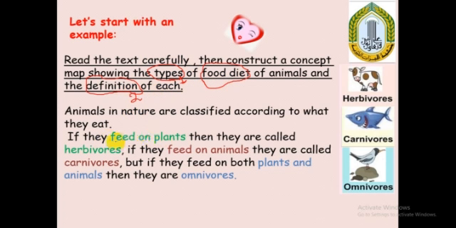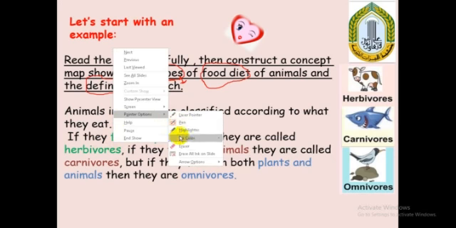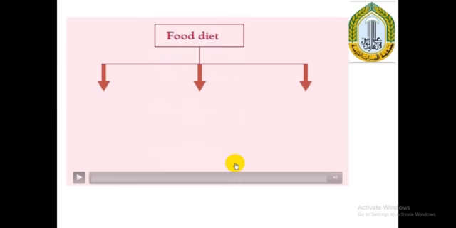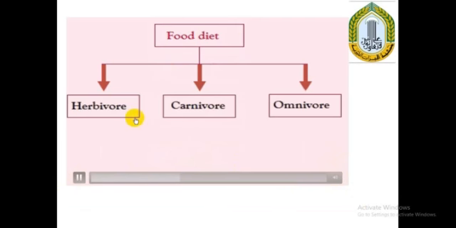Okay, are you ready now to start constructing our map? Let's do that together. So, first we said that we are going to talk about the food diets. Okay? So why did we draw 3 arrows? Because we have 3 types of food diets.